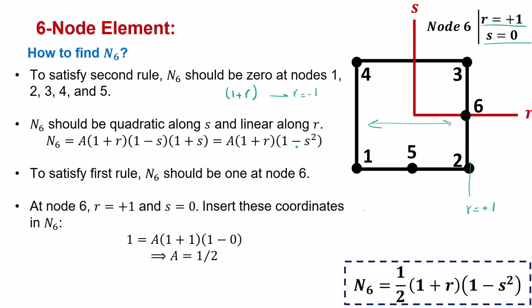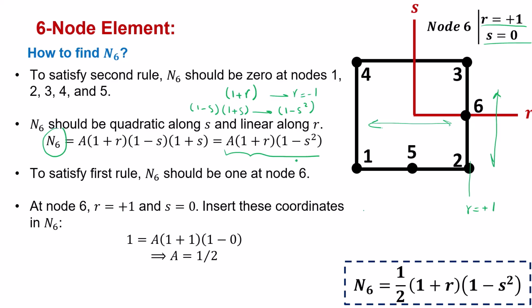Along the s direction, the function should be quadratic because now the right edge has 3 nodes. So we include both (1 minus s) and (1 plus s), which combines and gives us (1 minus s squared). So a good candidate for n6 would be a times (1 plus r) times (1 minus s squared).